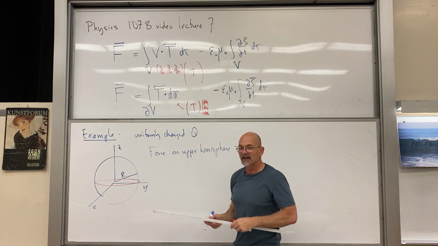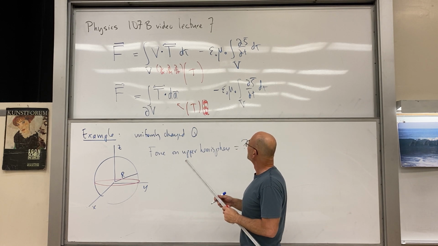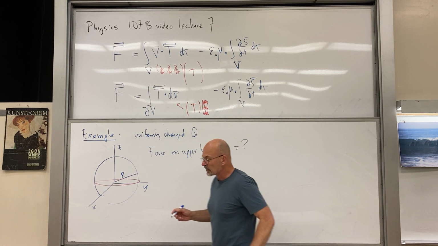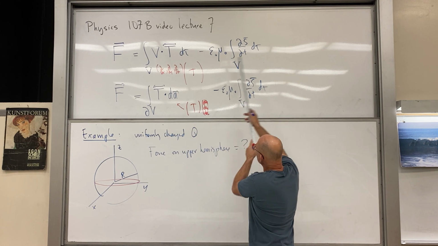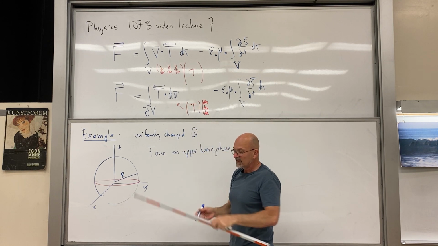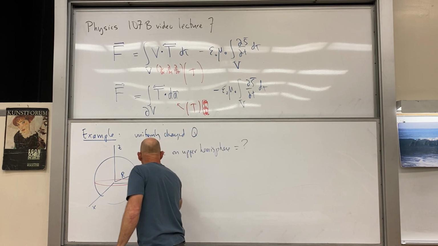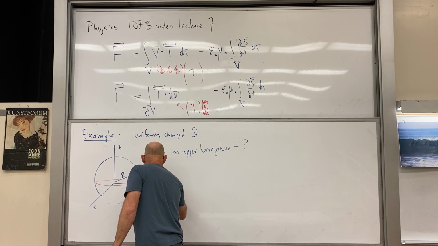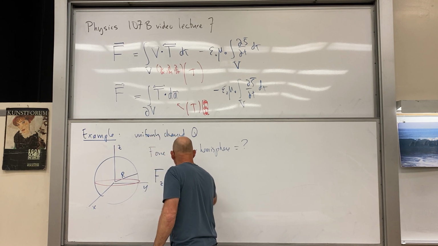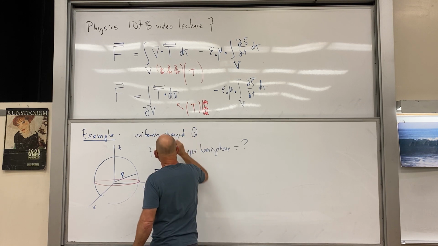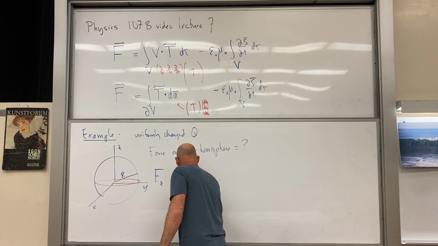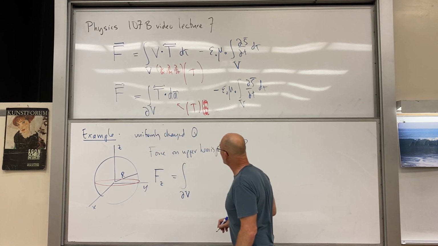By symmetry, it's only going to be F sub z, okay? And there's no time dependence, so we're not going to have anything here, just the z component. So F sub z is going to be this integral dv, it's the upper hemisphere.